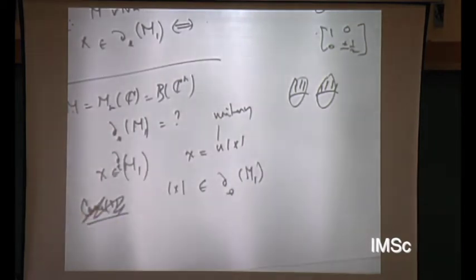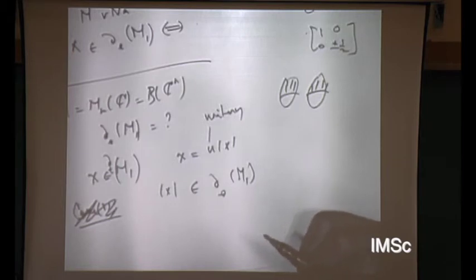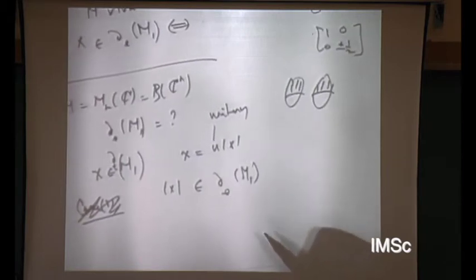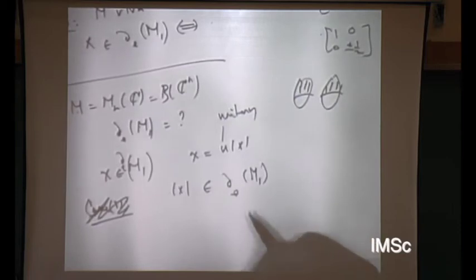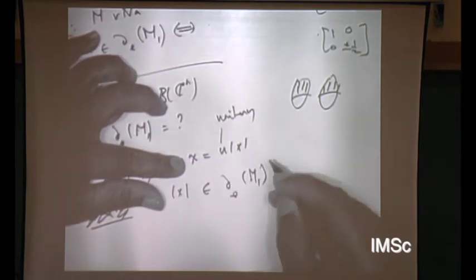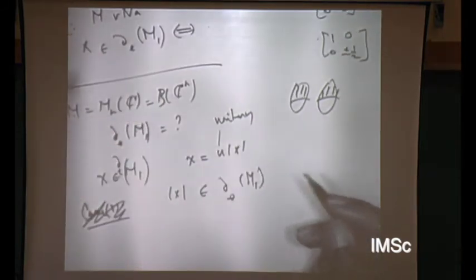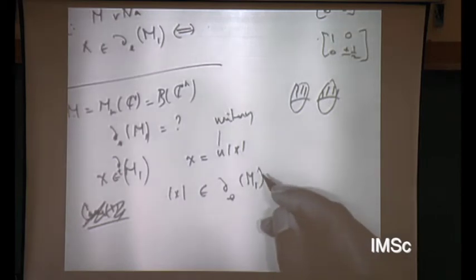If mod x is not an extreme point, if mod x is an average of two contractions, if mod x is a1 plus a2 by 2 with the a's having norm 1, then I can take ua1 plus ua2 by 2, that will give me x. And ua1 and ua2 will have norm 1. Okay.